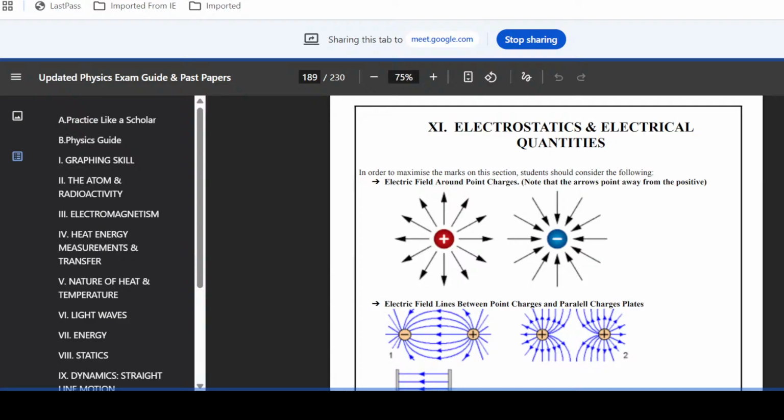Alright, so we're going to start looking at some of the electrical quantities and electricity, electromagnetism. That's what we're going to be focusing on.